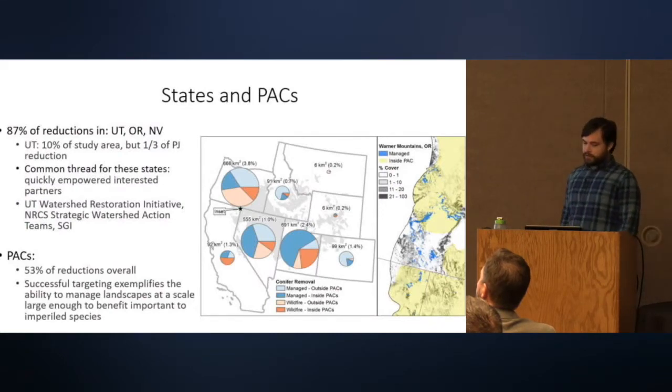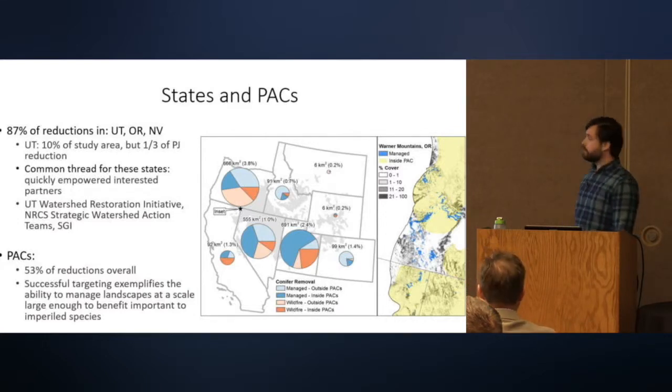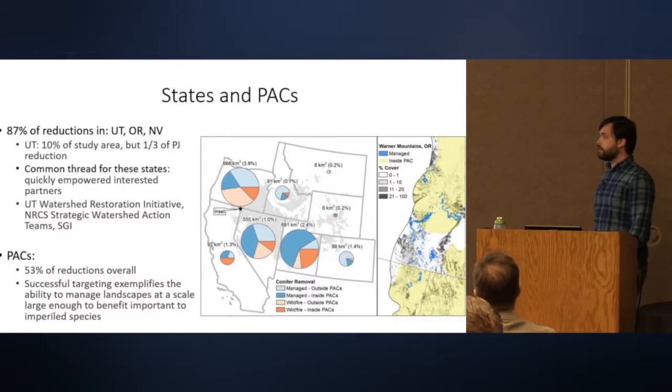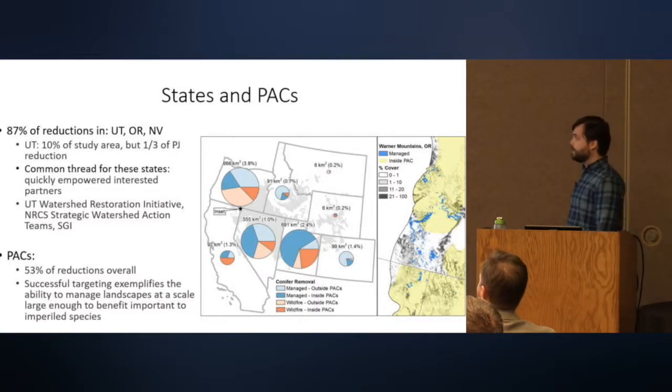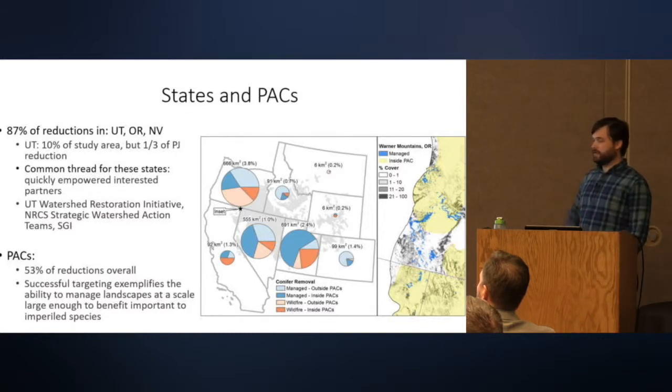So if we look at the distribution of effort in terms of conifer reduction across states, we found that about 87% of the reductions occurred in just 3 states, Utah, Oregon, and Nevada. And of these, Utah represented only about 10% of the study area, but had about 1/3 of all the pinyon juniper reduction.